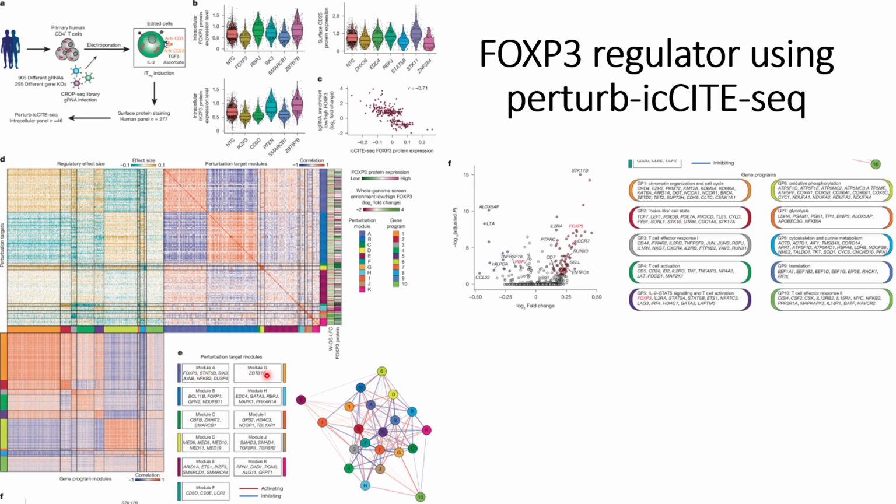Interestingly, they found that module G is regulated by only one gene, ZBTB7B, and that the RBPJ gene causes upregulation of FOXP3 protein.